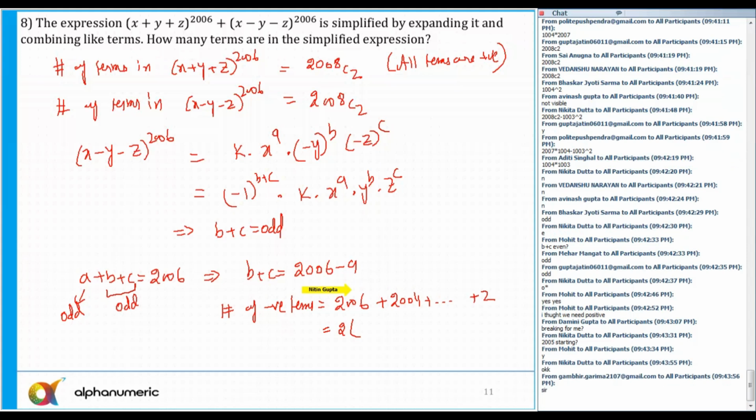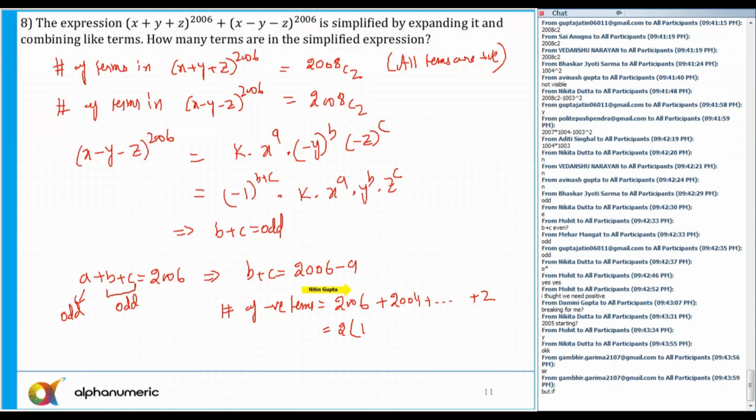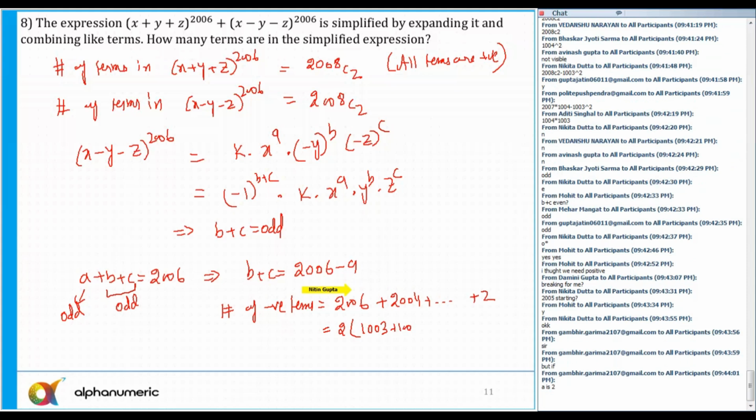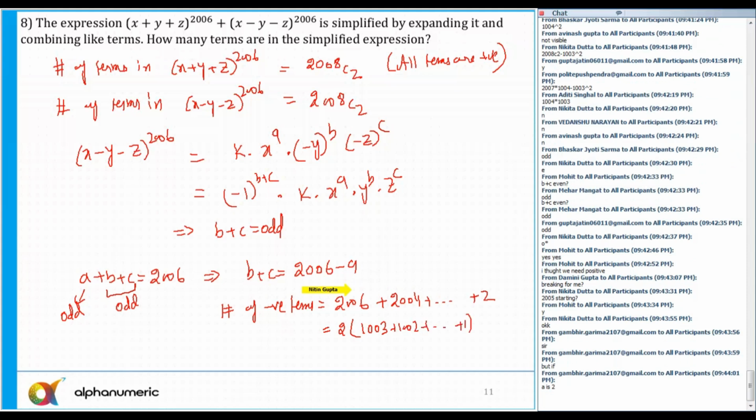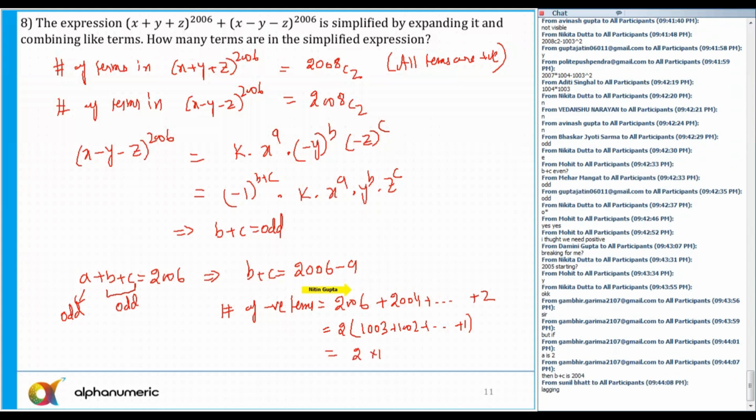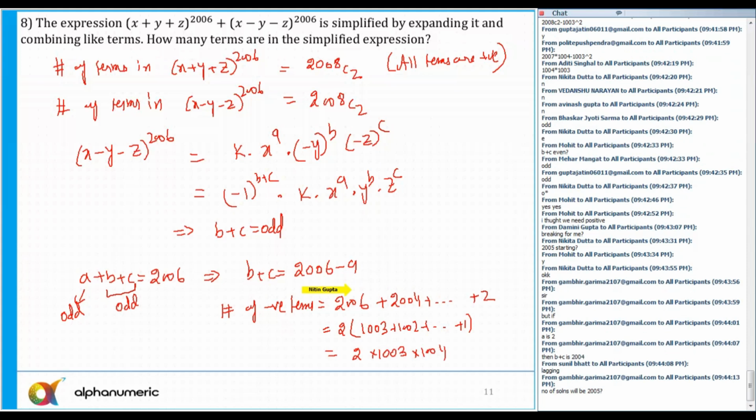So 2 is common and then 1003 plus 1002 and so on till 1. So that is 2 into the sum of the first 1003 natural numbers, that is 1003 into 1004 by 2, which is equal to 1003 into 1004.